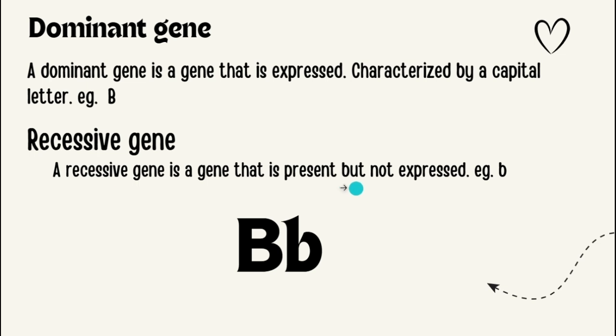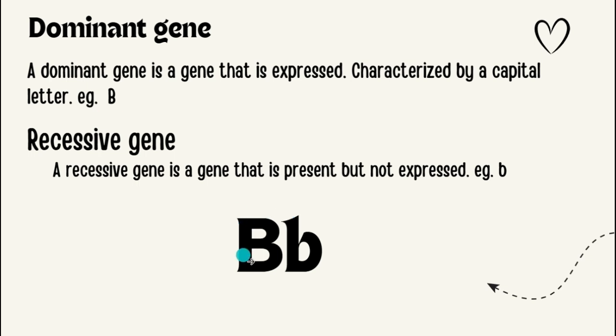So when they made me, I end up with a capital B and a lowercase b. What do you think would be my hair color now? This codes for black hair, this codes for brown hair. I get both of them. What color hair do you think I'm going to have if my parents give me both these two genes?